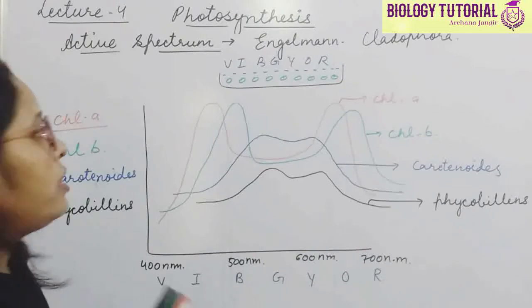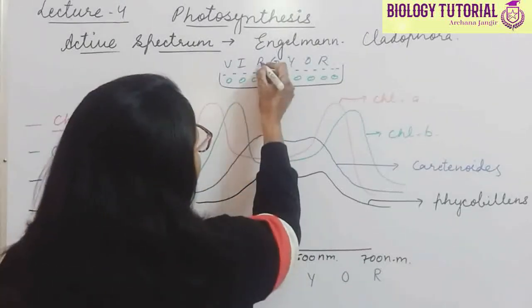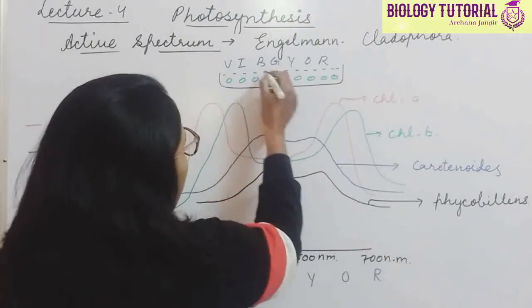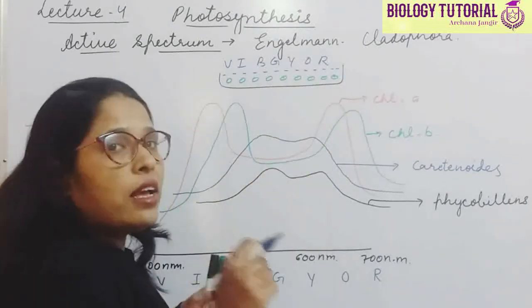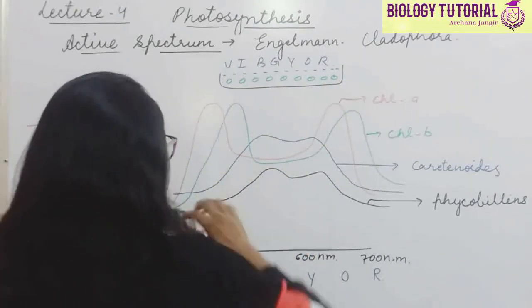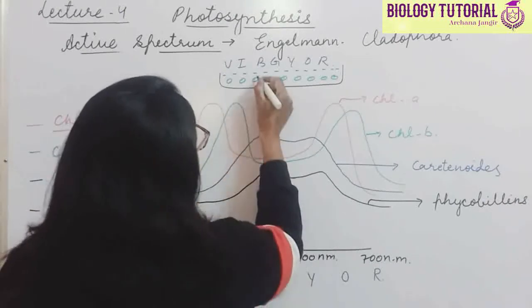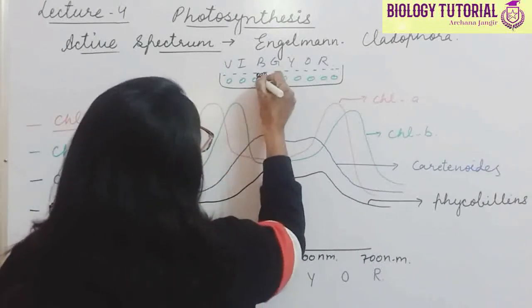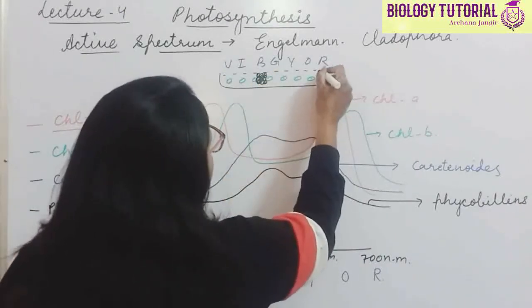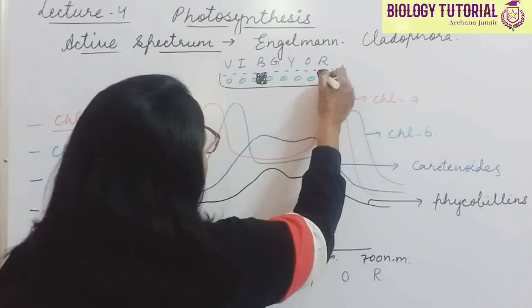Engelmann saw that near blue light, this is the blue light and this is the red light, some bubbles are seen here. And near red light, there are also some bubbles.